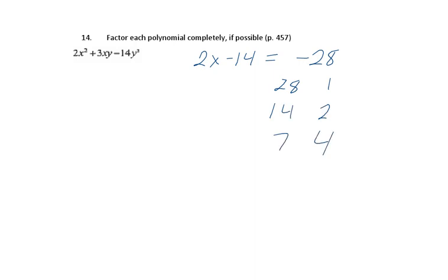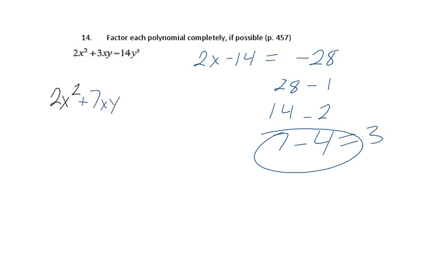And because this is negative, we have to get numbers that subtract to make 3. I like 7 and 4 because 7 minus 4 equals 3. So you get 2x2 plus 7xy minus 4xy minus 14y2.